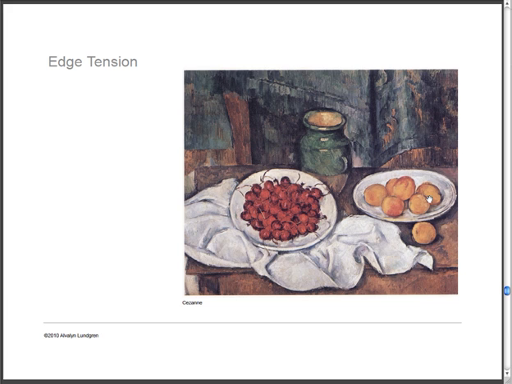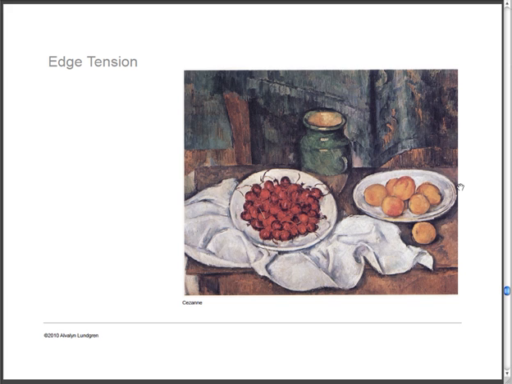And every time you have something that is meeting and touching that edge or any edge in the picture plane, you're going to flatten space, because that alone is going to call attention to, hey, this is a two-dimensional thing. It's not actual space, it's virtual space. So edge tension is happening here and in here.